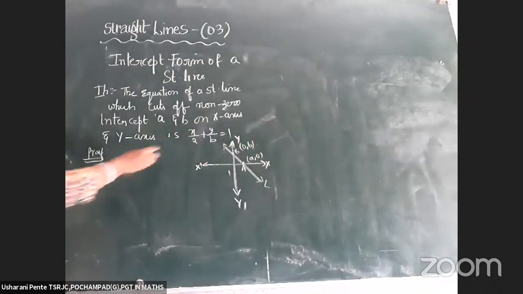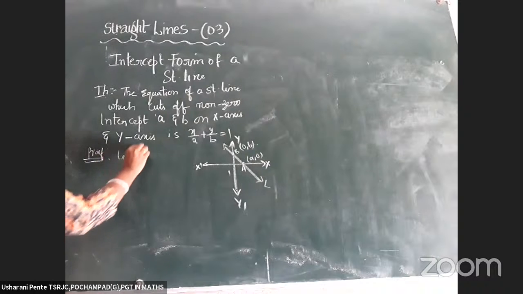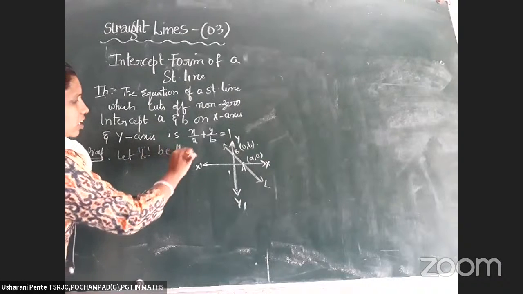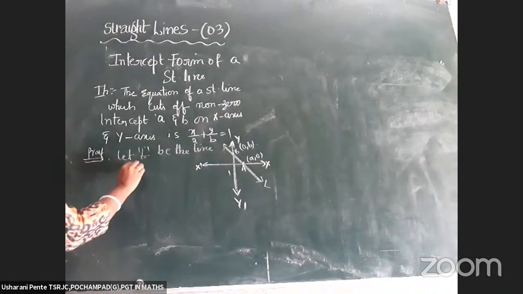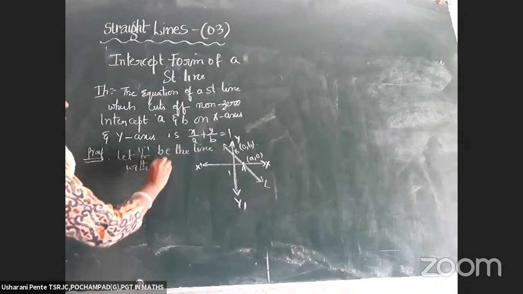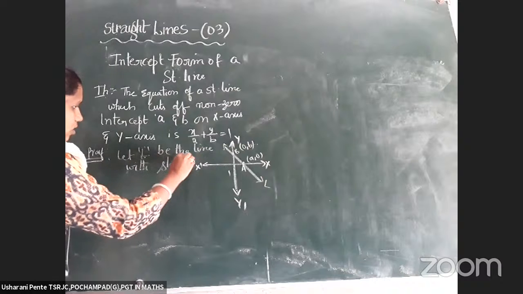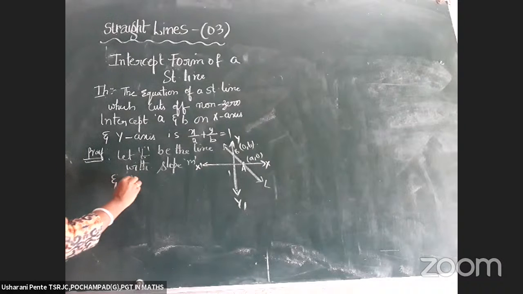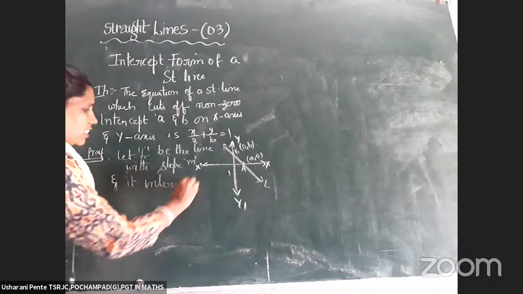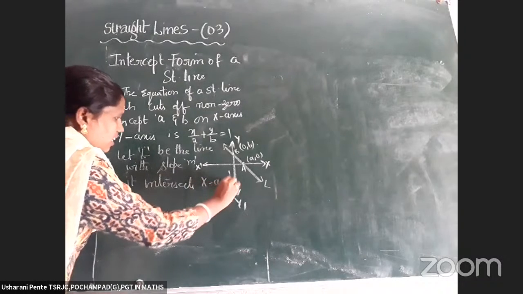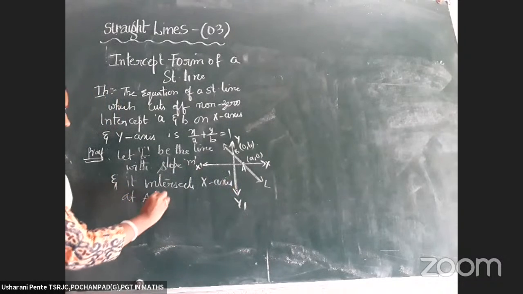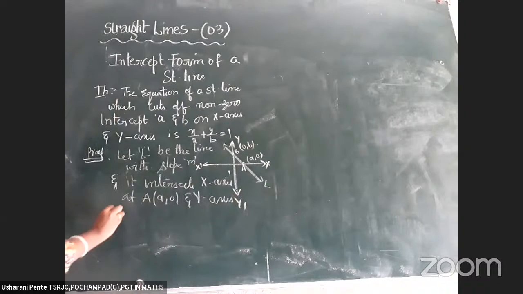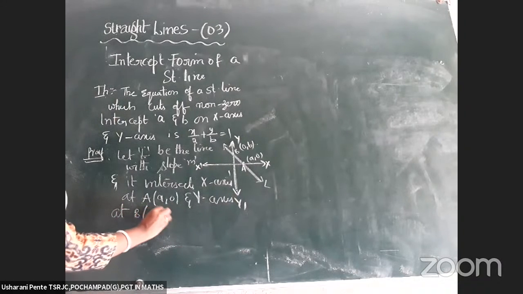So let L be the line with slope m, and it intersects the x-axis at (a, 0) and the y-axis at (0, b).